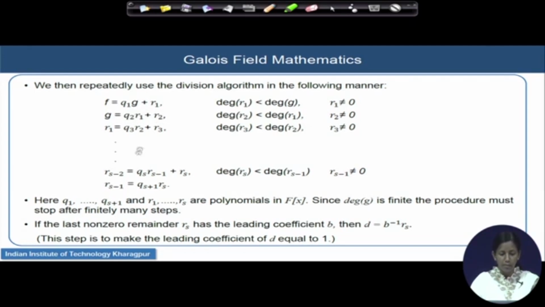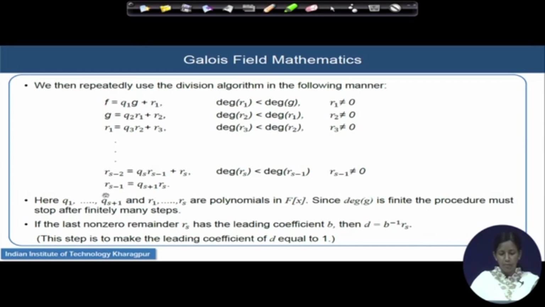And again going the same way, r1 can be written as q3 r2 + r3, where q3 and r3 both belong to the same field, and the degree of r3 is less than the degree of r2. So whenever you are finding a new polynomial to form the division algorithm equation, please remember that the degree of the newly found polynomial should be less than the degree of the polynomial found immediately earlier.